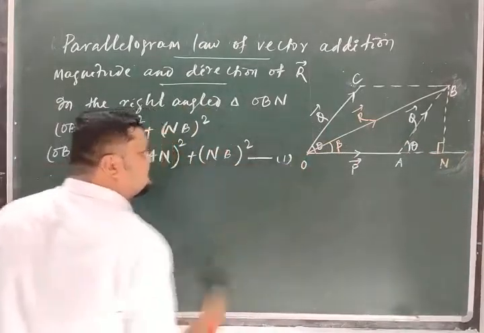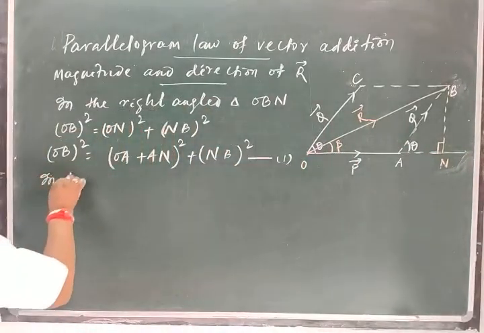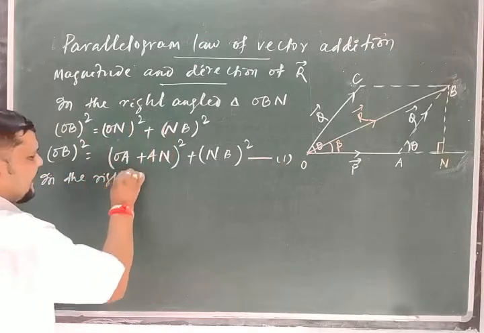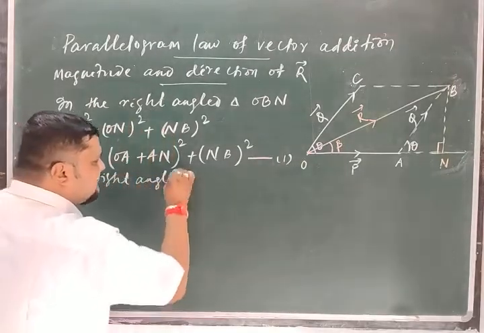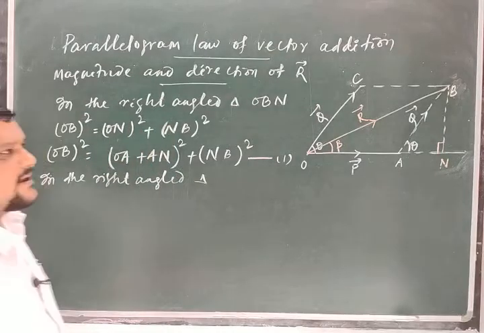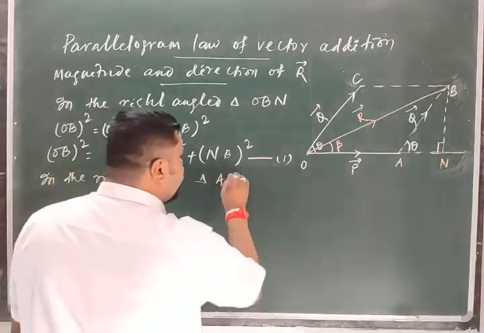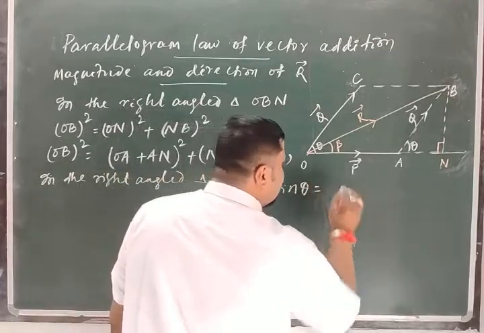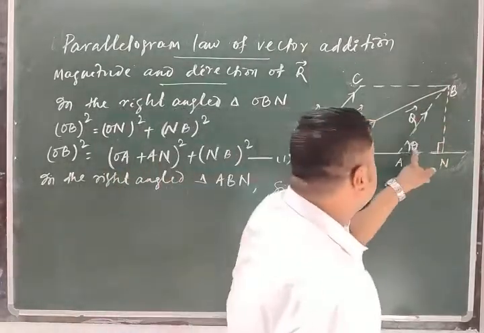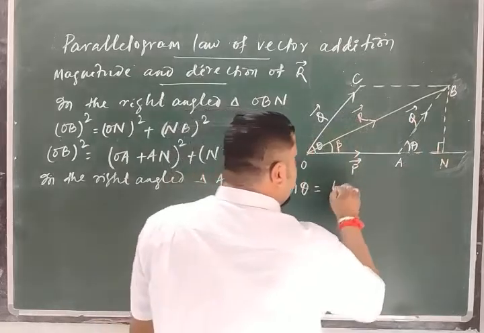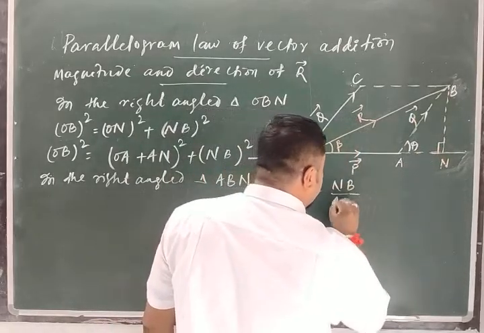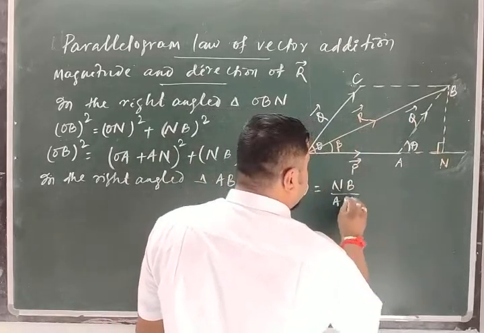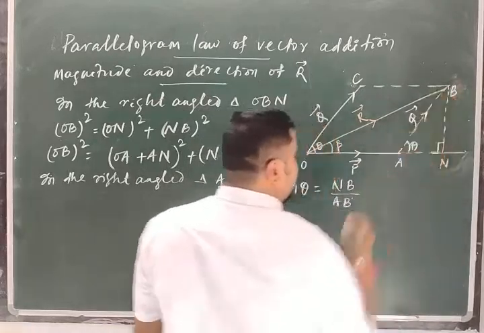So this is equation number 1. Now in the right angle triangle ABN, what is sine theta? Sine theta is equal to NB by AB.